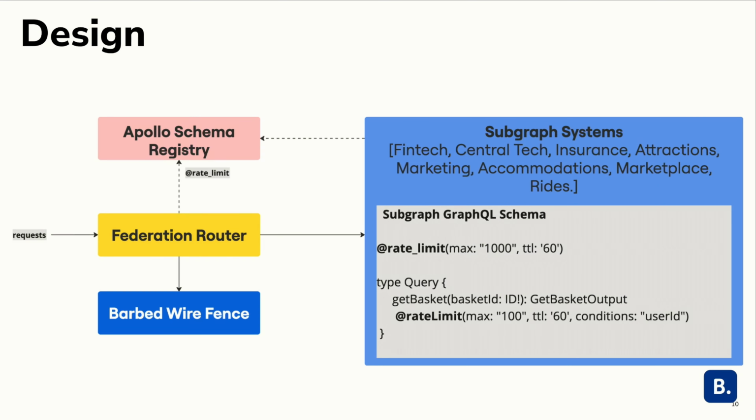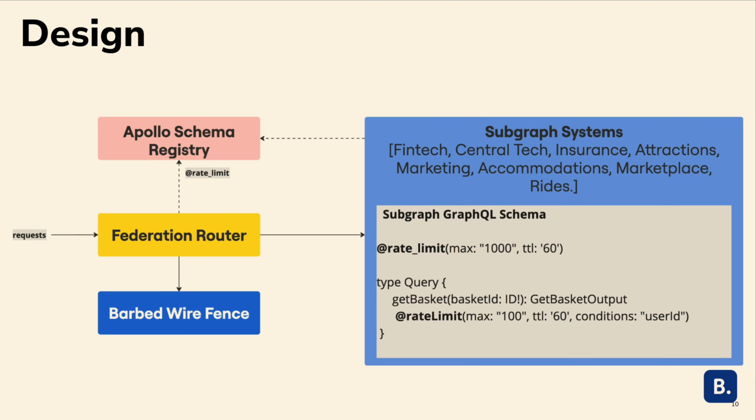After this subgraph is published to be part of the supergraph, the supergraph is updated into the federation router services, and we have a rate limit plugin.